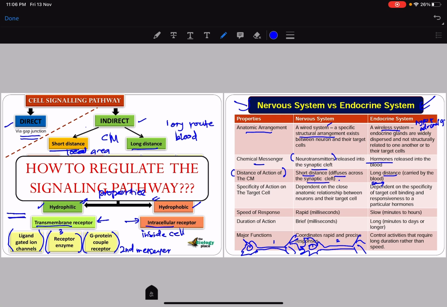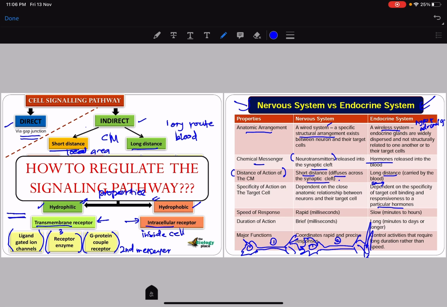For the nervous system, the specificity of the action on the target cell is dependent on the close proximity, the anatomic relationship between neurons and the target cells, whether neuron with neuron or neuron with muscles. For the endocrine system, it depends on the specificity of the target cell binding and responsiveness to a particular hormone.